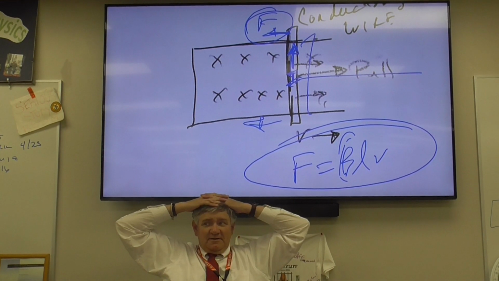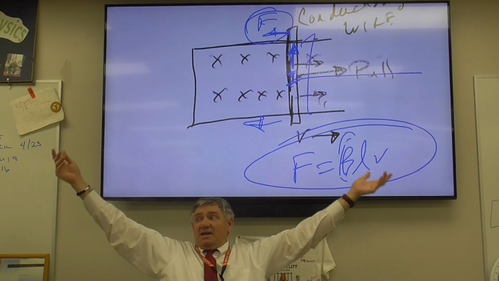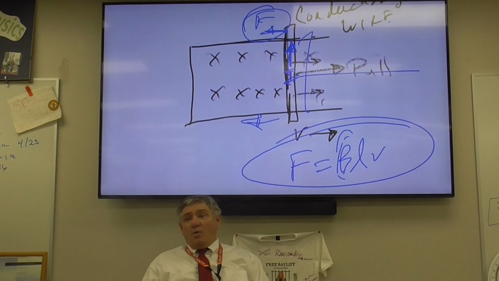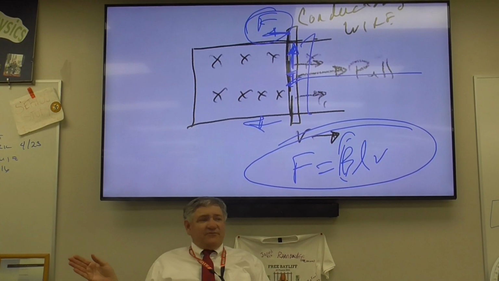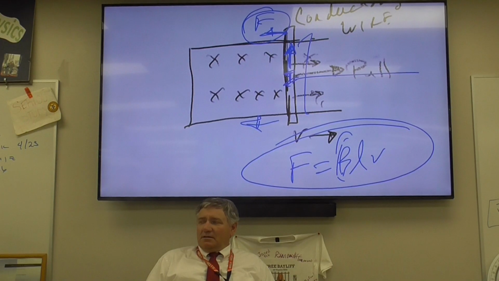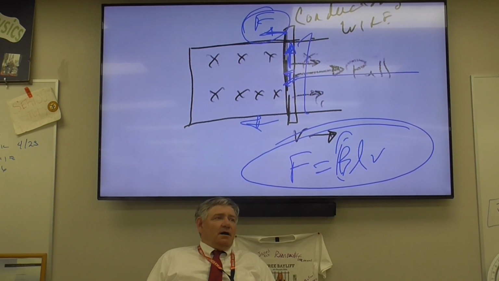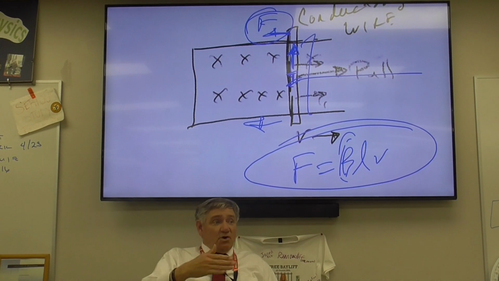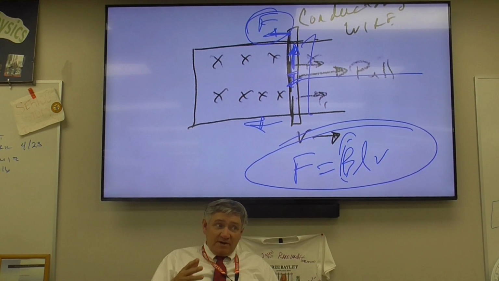Why? There's no magnetic field. There is no changing magnetic field. So if I pull that wire and there's no magnetic field, Mother Nature's going to go, well, that's exciting, and she's just going to chill out. So that's the whole point. If there's no magnetic field, nothing's going to happen.